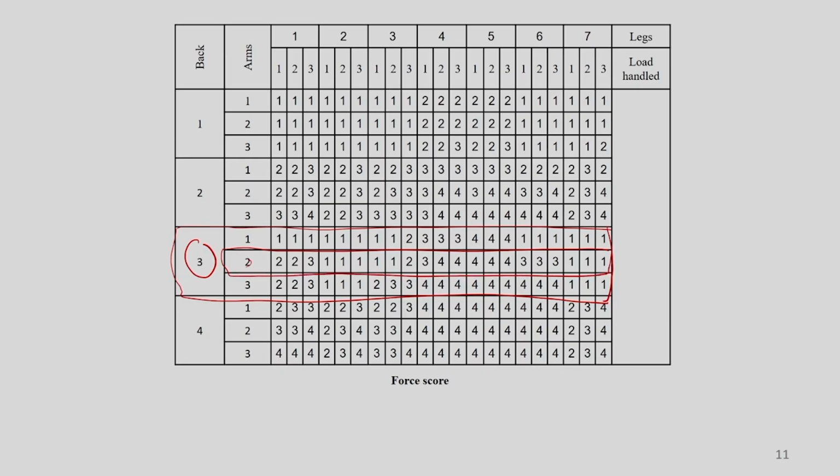Now your leg was 4, so this particular column, so you are here, right? This region is where your score is lying. Now based on your load force score which was 2, that means this column, your score is 4. Ultimately your score became 4. Your final score for the OWAS working posture assessment is 4.